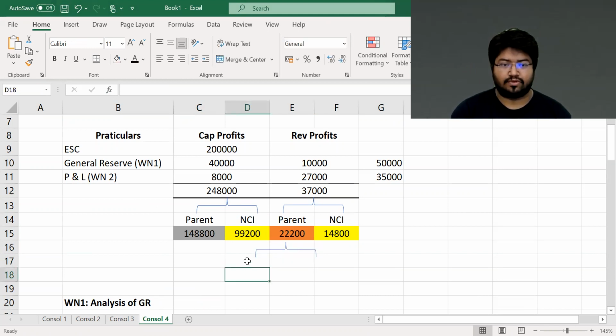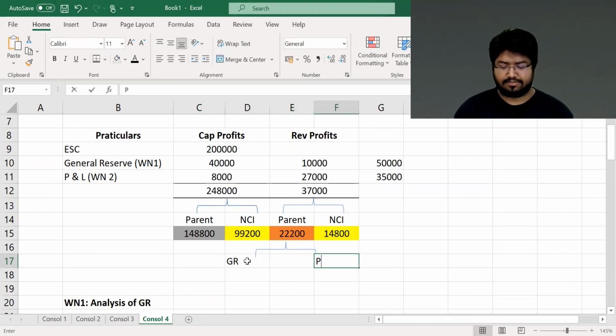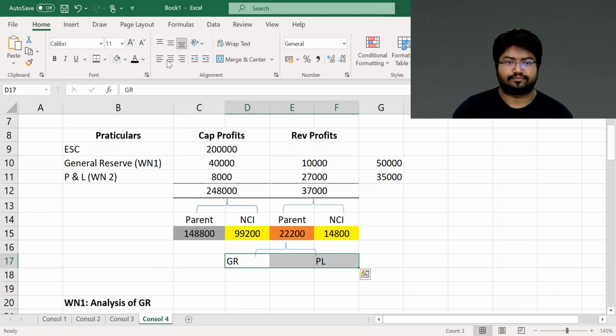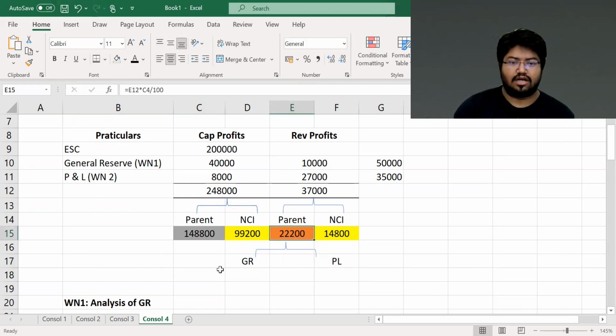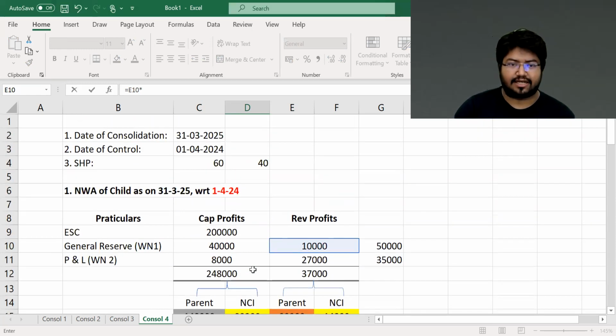So one is general reserve, second is P&L. Out of this 22,200, how much is general reserve? How do I calculate it? It is basically this into my share, 60 divided by 100.